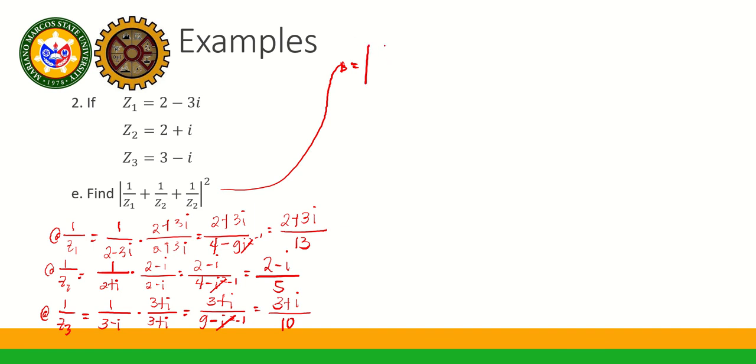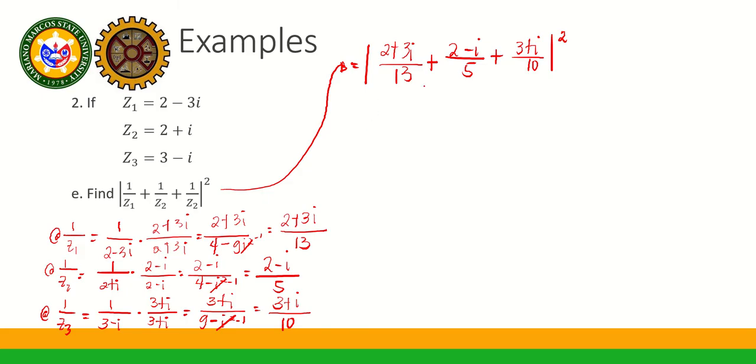Absolute value of 2 plus 3i over 13 plus 2 minus i over 5 plus 3 plus i over 10. Yan. Quantity squared. Okay, so kunin natin yung least common denominator ng mga fractions natin. So, least common denominator is 130.